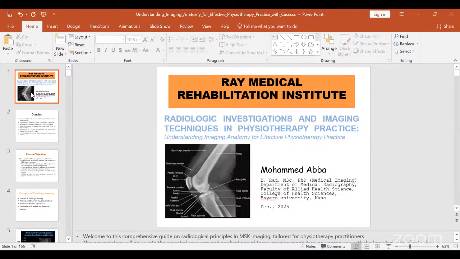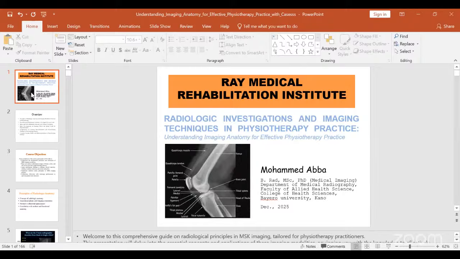I need to highlight here that what we normally do in imaging is to be able to see internal structures without the need for invasiveness. These internal structures we are seeing are projected in various kinds of images. So the same structure can have different appearances across different imaging modalities.